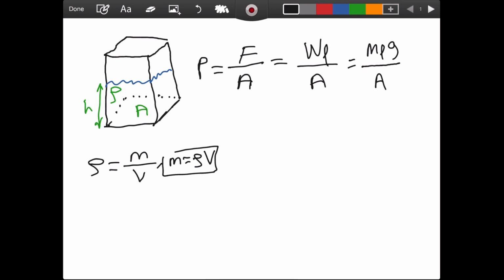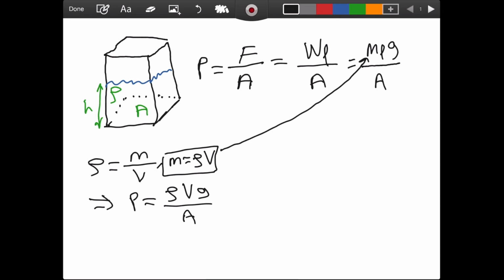And using this equation, we will substitute for m in this equation. So when we do that, what do we get? We start with pressure, we still have pressure. Pressure is equal to, instead of mass of the liquid, I will write rho times the volume. And now I write the rest as it was.